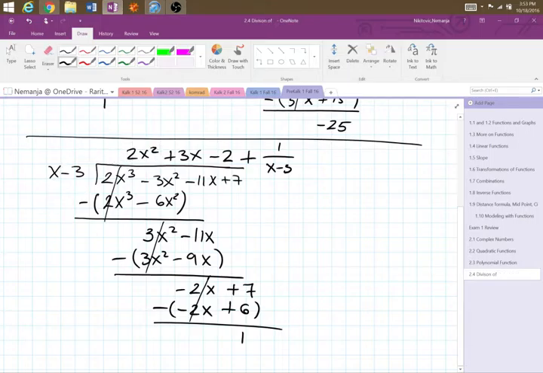Are we good on this? All right, now let's take a look at another example from homework.